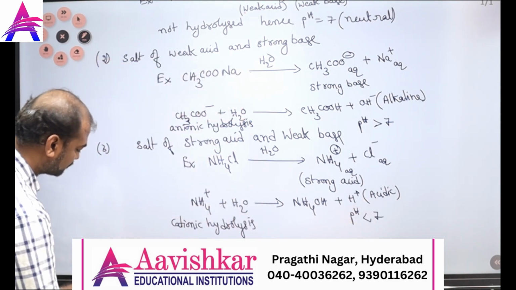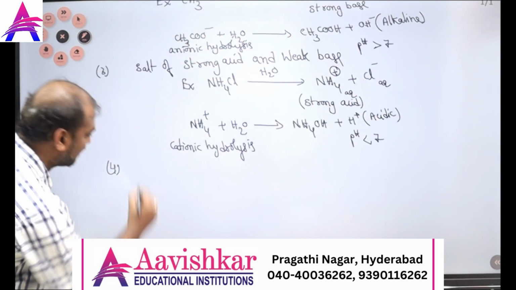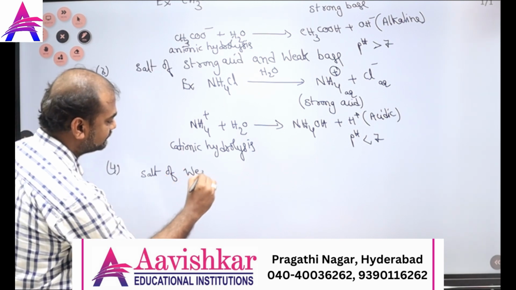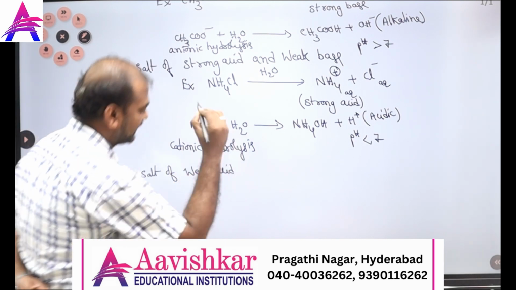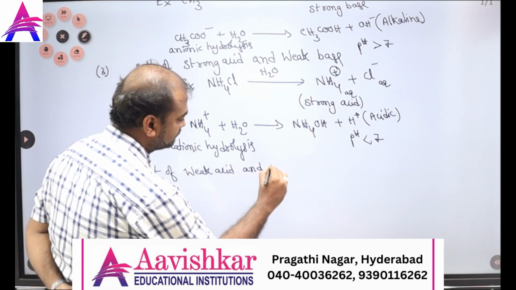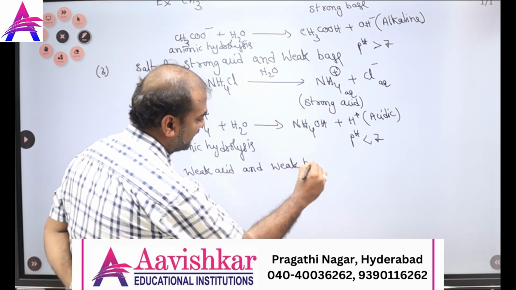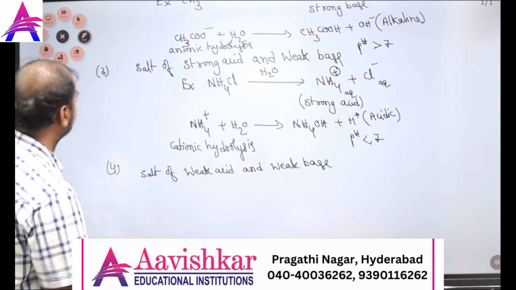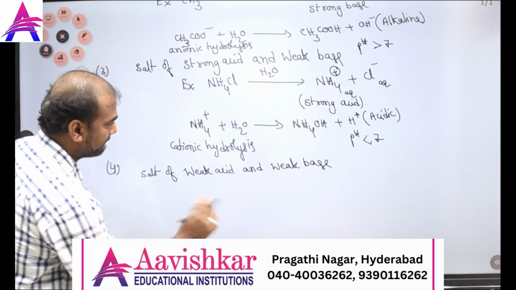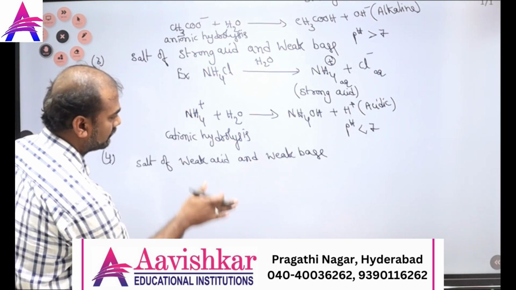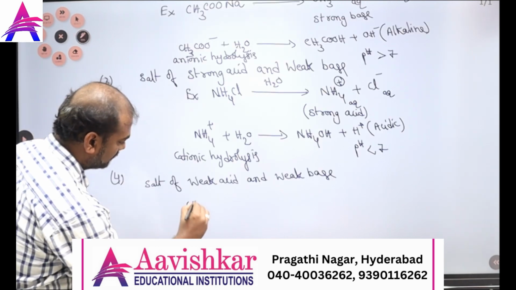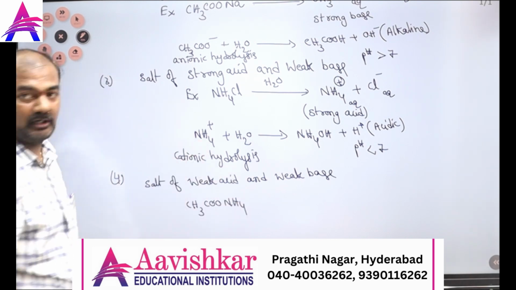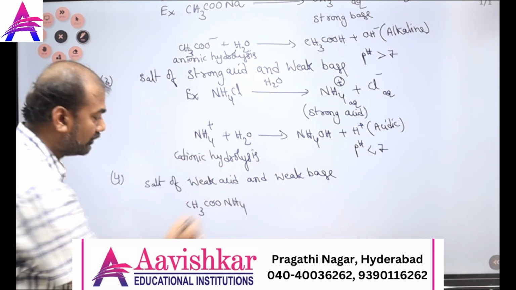Now the last one, the fourth, is the salt of weak acid and weak base. The example is CH3COONH4, ammonium acetate.